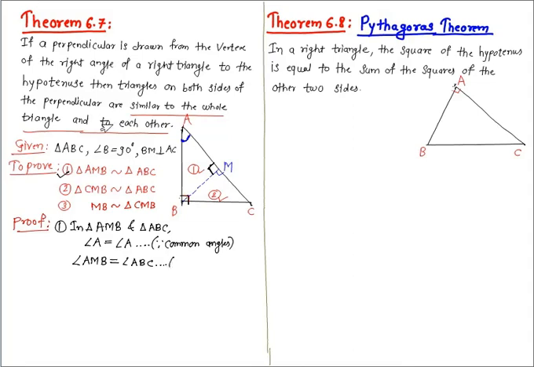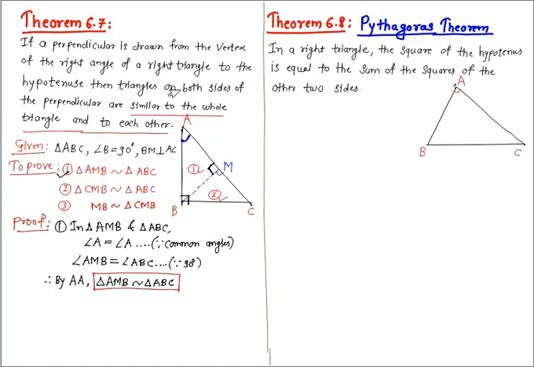Reason, since each is 90 degree. So in both the triangles, these two angles are equal. So we can apply angle similarity criteria. Therefore, by angle criteria, we can write triangle AMB is similar to triangle ABC.